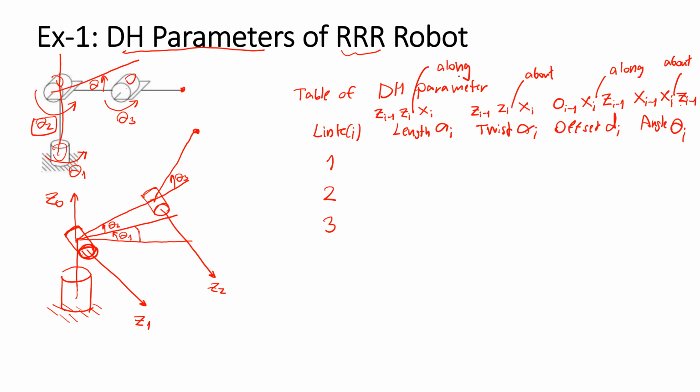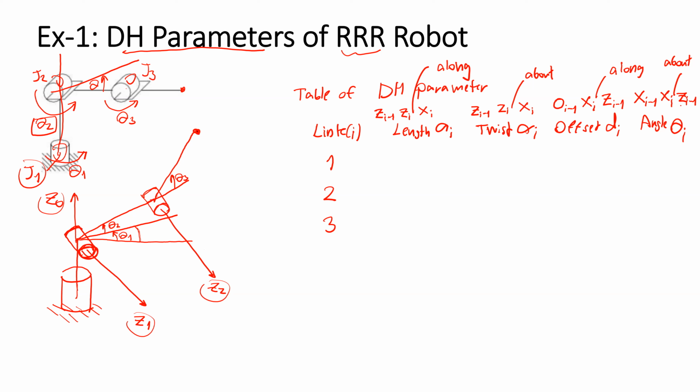The zero step to attach the frames is to redraw the picture and show the non-zero joint angle orientation. And the first step is to draw the z-axis that corresponds to the joint. Joint 1 is the direction of C0. Joint 2, direction C1. Joint 3, C2.